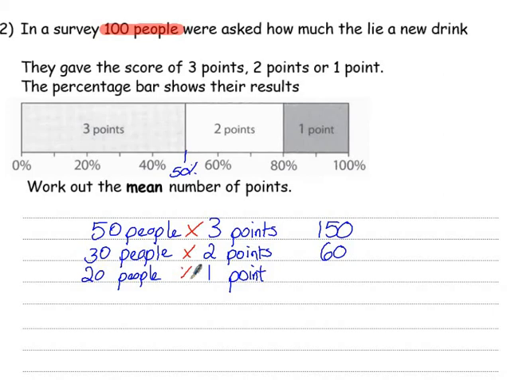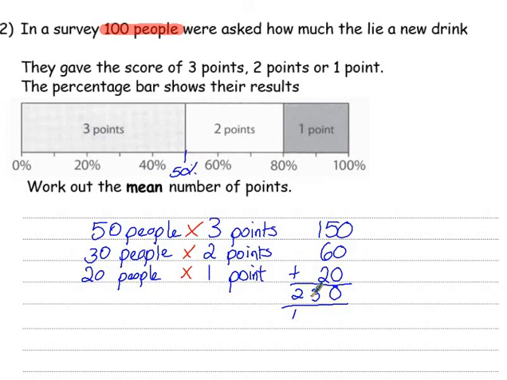And 20 times 1 is equal to 20. Now to find the total number of points, we can add these numbers up. 0 add 0 add 0 is 0. 5 add 6 is 11, and 2 is 13. And the 1 and 1 is 2. So the total number of points is 230.